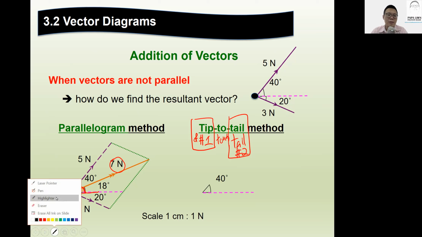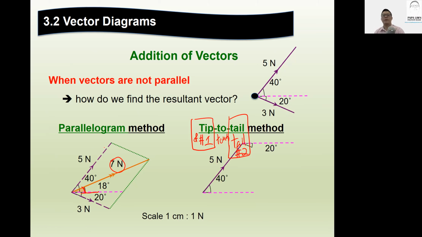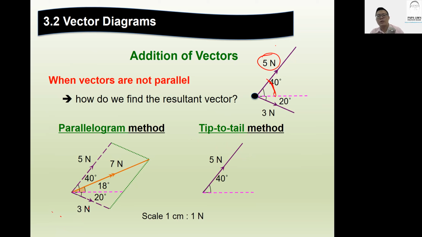So what happened now is, take a look. The first one I have is the 5 Newton, which is 40 degrees from the horizon. So I just copy and paste. I will just look at the first force, 5 Newton, 40 degrees from the horizon.